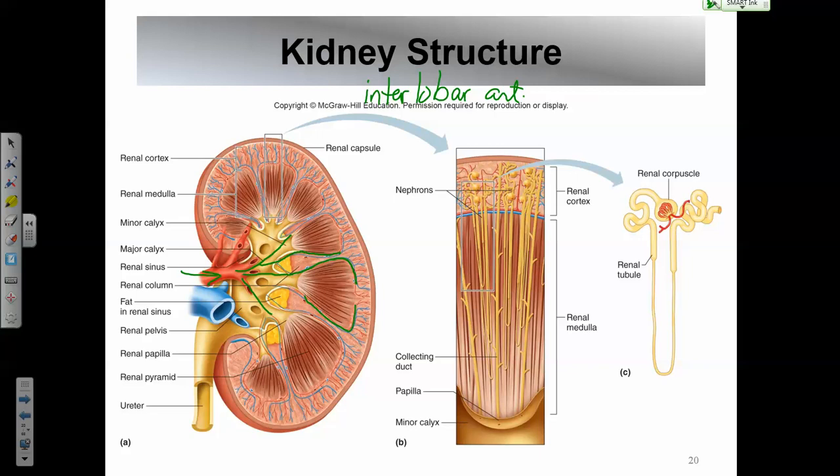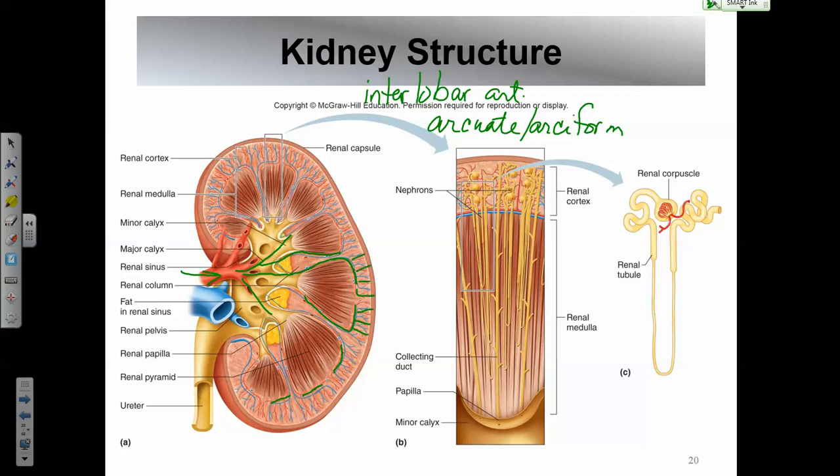And then from there, it branches, so it goes on top of a pyramid. So like right here, right there, right there, right there. And that's called the arcuate, or it's also referred to as the arciform artery. So that's what's on top of a pyramid. And then if you'll notice, branches from it go out into the cortex, like here, here, here.